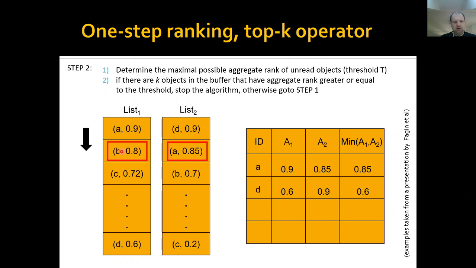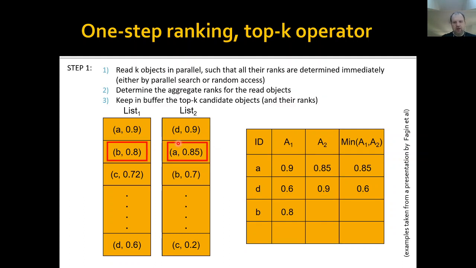And now what's new, we see B. So B we fetch into the table, 0.8, and we must immediately determine the second rank, which is B for the A2, and it's 0.7. We compute the aggregation, which is 0.7.